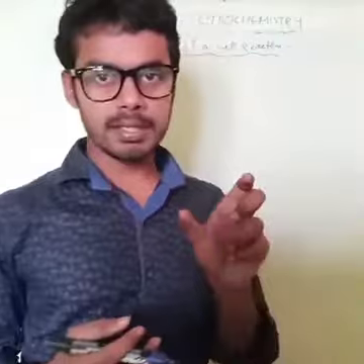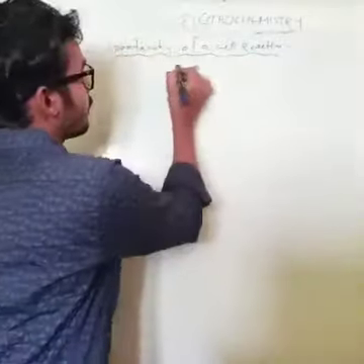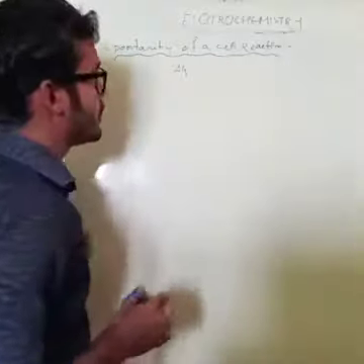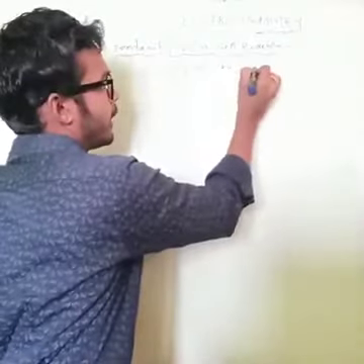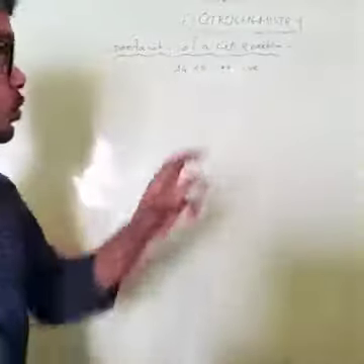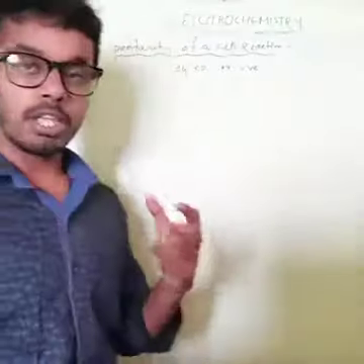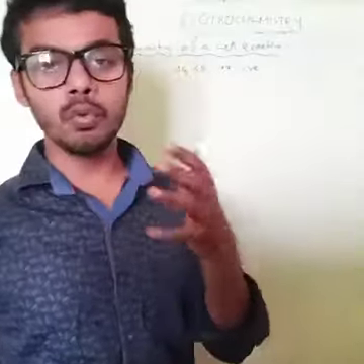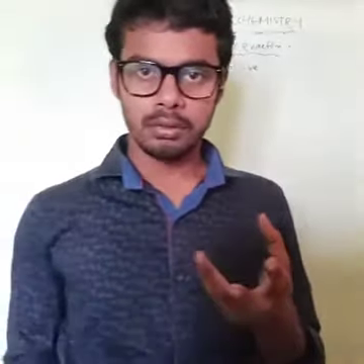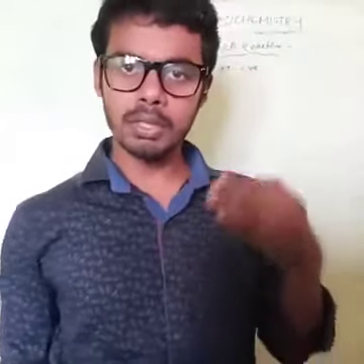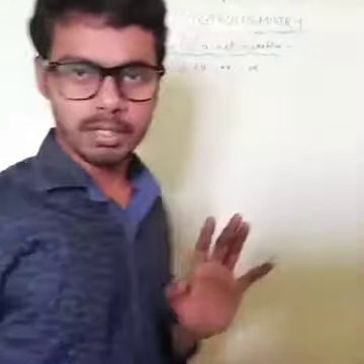A reaction is said to be spontaneous when del G is less than 0, that is, del G is negative. So what is del G? Gibbs free energy. Gibbs free energy is the energy associated with the system to do useful work.